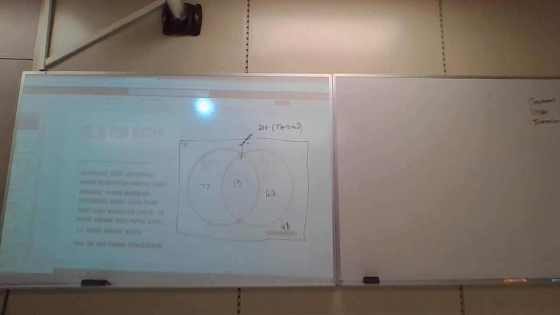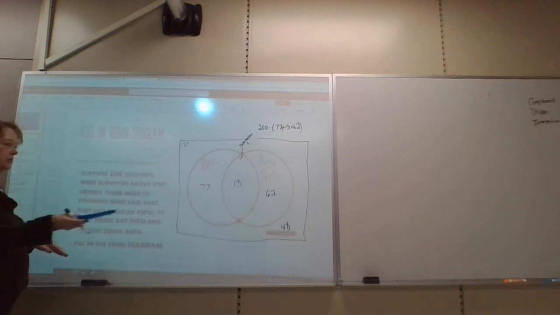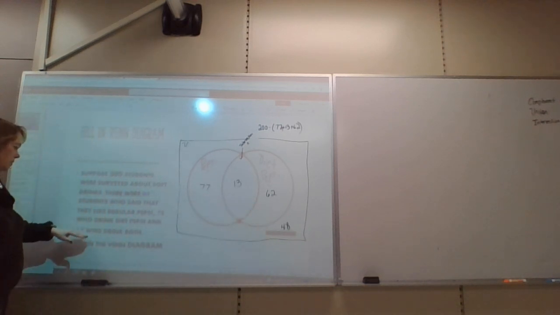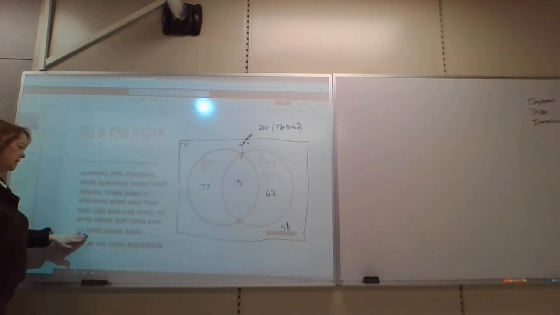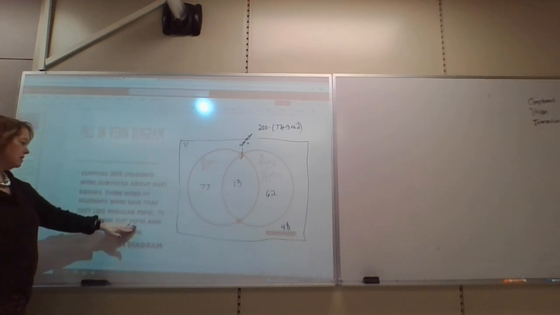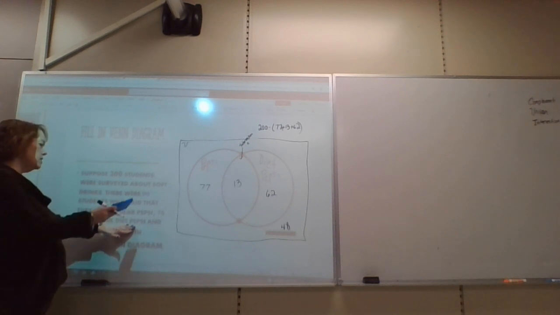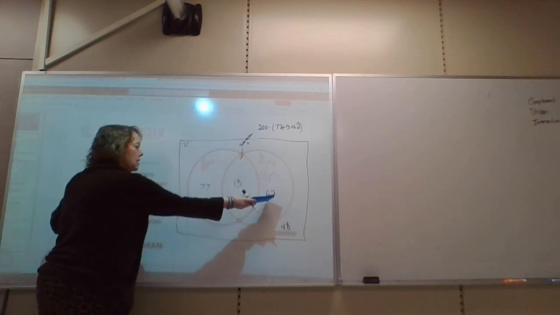So with the Venn diagram, we don't put the 90 or the 75. The only number from the problem we use is the intersection. And you're always subtracting. You see I got the 62? I put the 13 there because this is both, the intersection. 75 liked the Diet Pepsi, so I took 75 minus the 13, and I got 62.